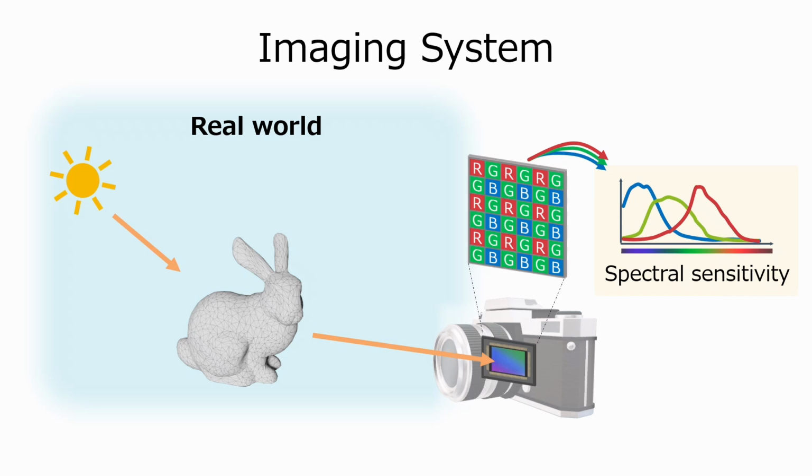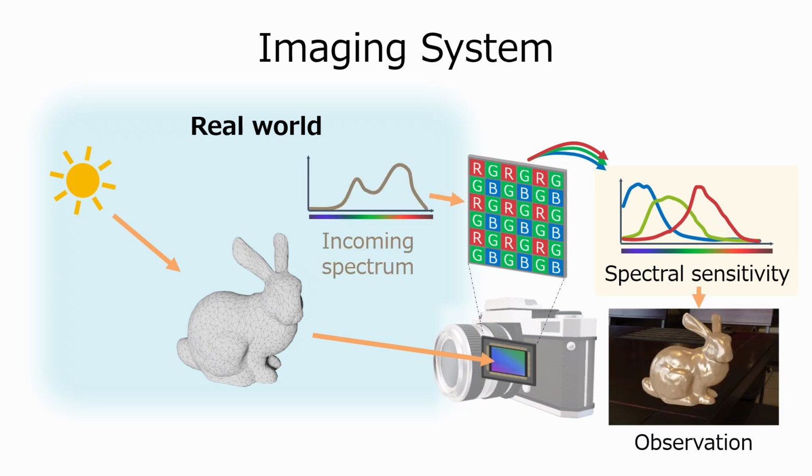As a result, the RGB values we obtain are determined by the camera's spectral sensitivity, which is the characteristic response of each channel to different wavelengths. Mathematically speaking, each RGB value can be expressed as the inner product between the spectral sensitivity and the incoming light spectrum at each pixel location.